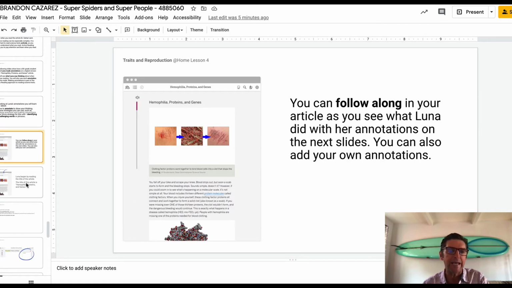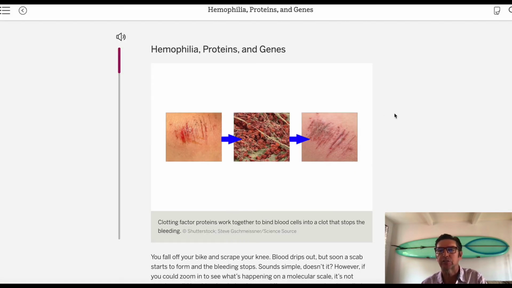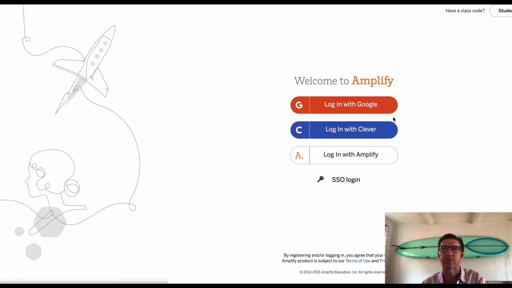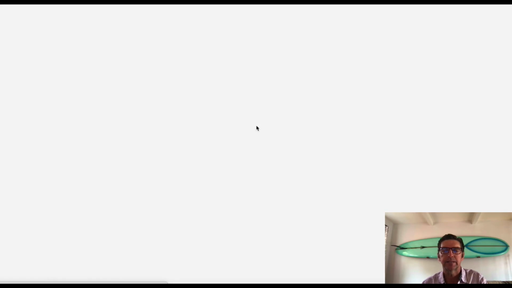Now I've created the article link in groups. Over here where we have our basics, you're going to see the article link. Let's hope it works. For today's assignment, you can copy and paste from the annotations as we've all done before.